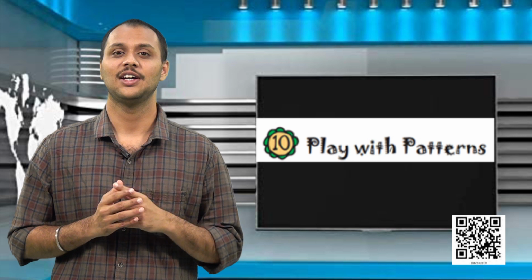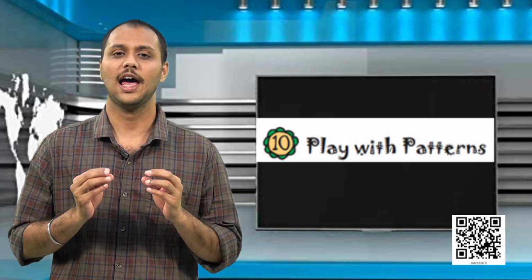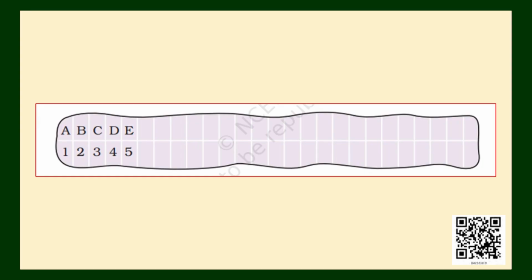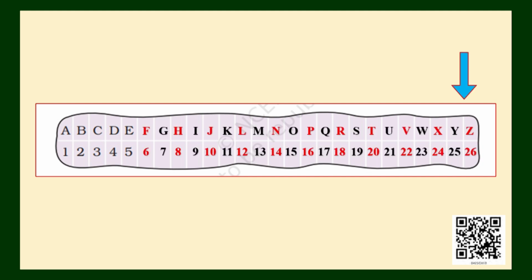Now here we are going to make a language with numbers. Let us keep one number for each letter. For A we will have 1, for B we will have 2, for C we will have 3, like that. So what will be the number for the alphabet Z? Yes, 26. Suppose I want to write HAI.